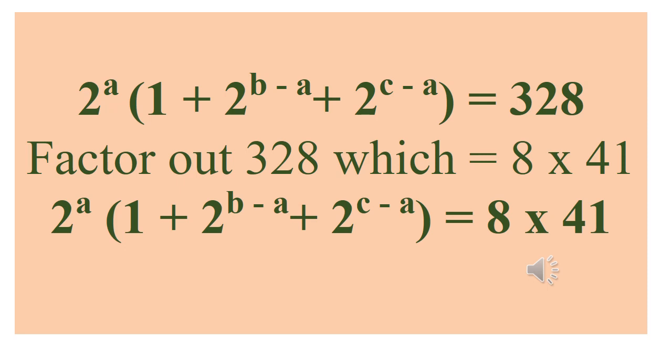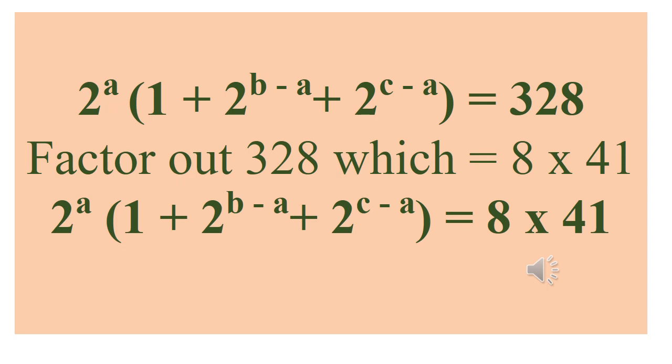Then plus the same thing with 2^c over 2^a. It will become 2^c divided by 2^a. Since they have the same base, we use the law of indices, take one of the bases, then we minus the power, so we have 2^(c-a).